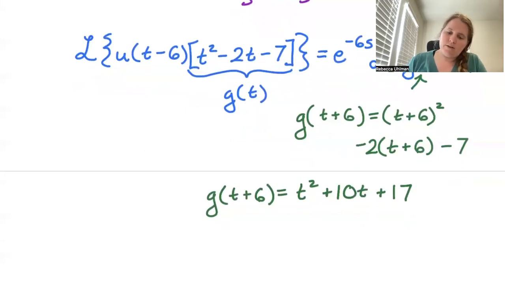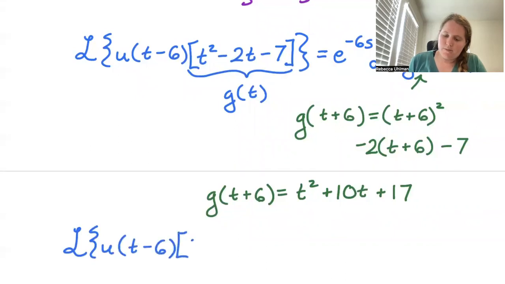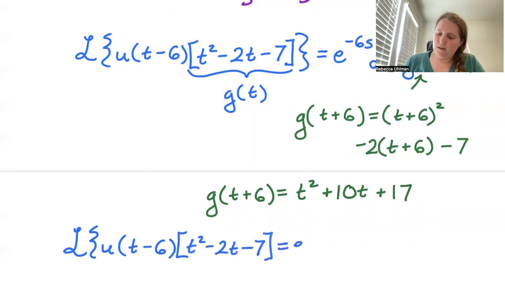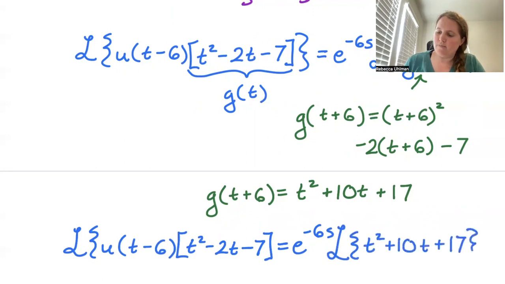So our Laplace transform of u of t minus 6 times t squared minus 2t minus 7 should be equal to e to the negative 6s times the Laplace transform of t squared plus 10t plus 17.